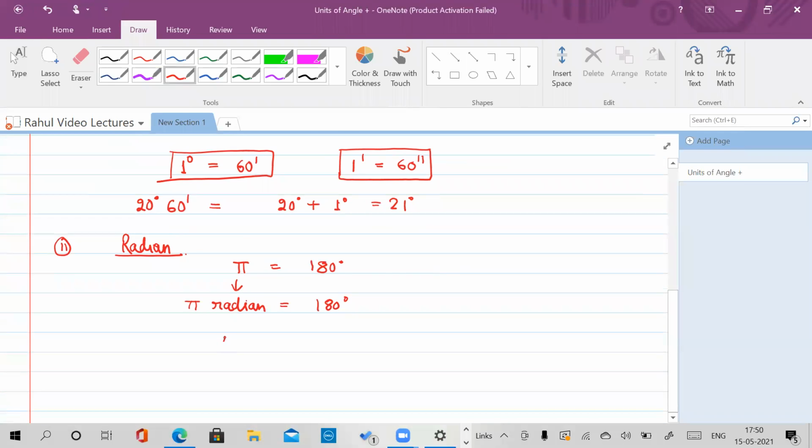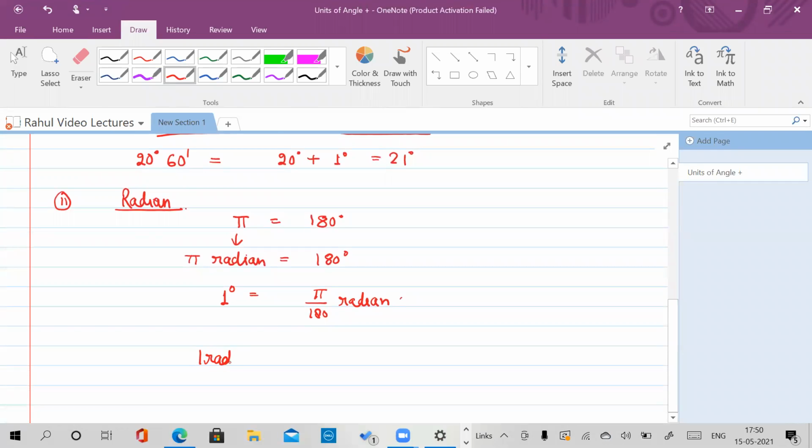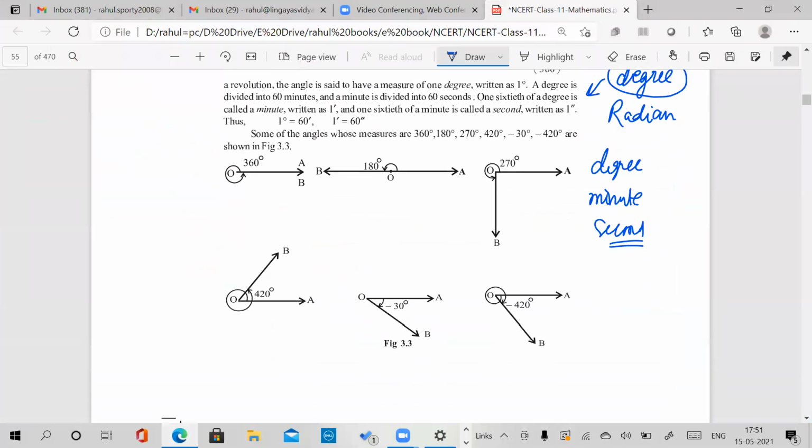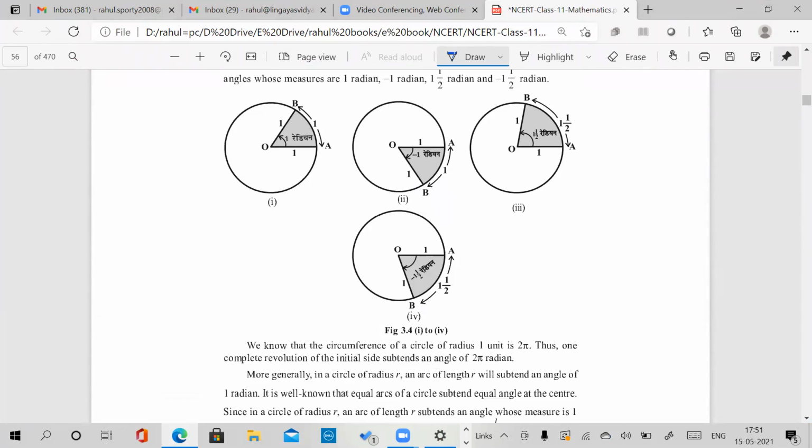So 1 degree will be equal to pi by 180 radian, and 1 radian will be equal to 180 divided by pi degree. So you can convert it easily. Okay, this is the unit conversion of the angles. The negative and positive are the same as with degree.